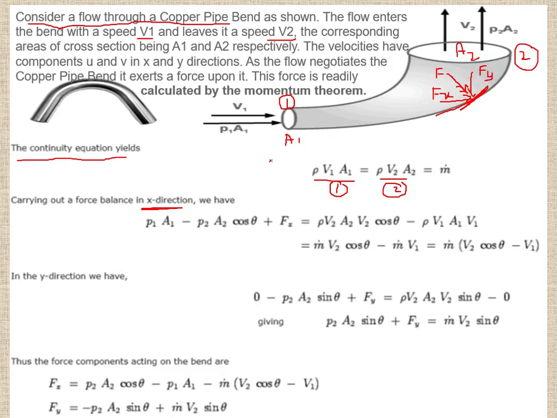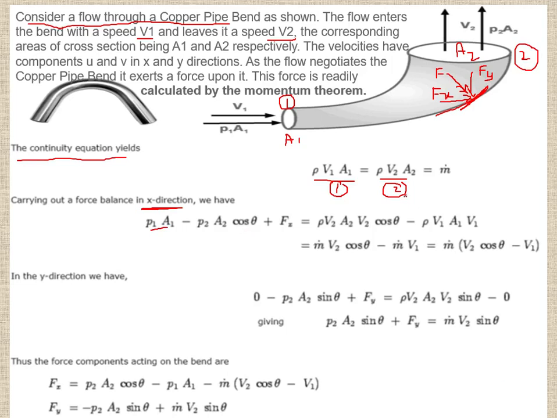So the net force in x direction, what are the forces? This is the pressure force P1A1, the pressure force at point 1 in x direction, and P2A2 cos theta. Is that a force acting in x direction? Is it right?